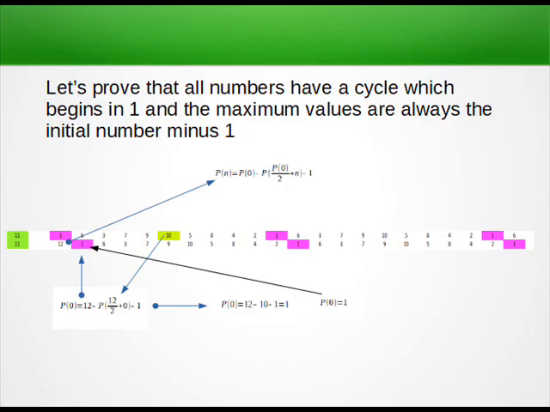So we'll have p0 equals 12 minus 10 minus 1, which is equal to 1. This equation assures that the maximum value is always the value we chose minus 1 in the first line, and the minimum value is 1.